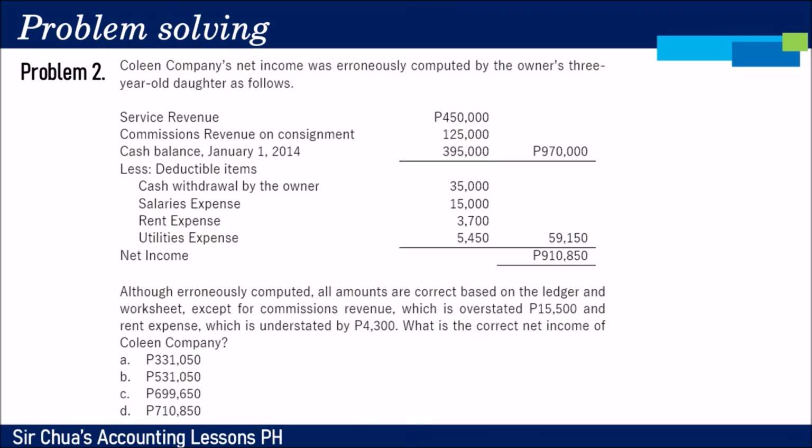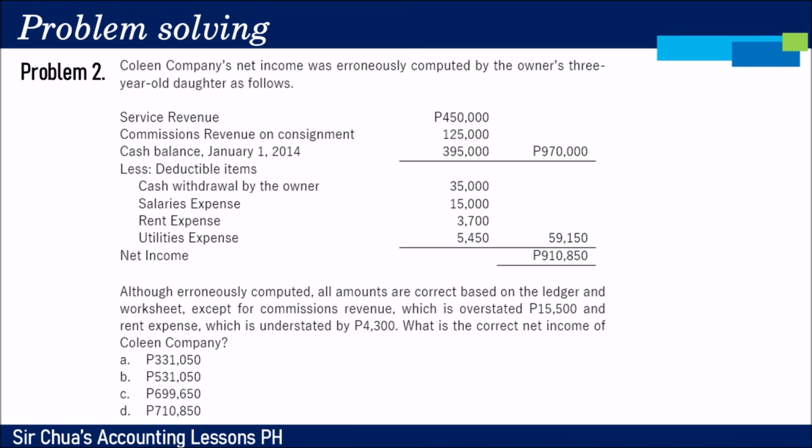Problem number 2. Colleen Company's net income was erroneously computed by the owner's 3-year-old daughter. Service revenue, commissions revenue, cash balance, minus cash withdrawals, expenses, that is the net income.